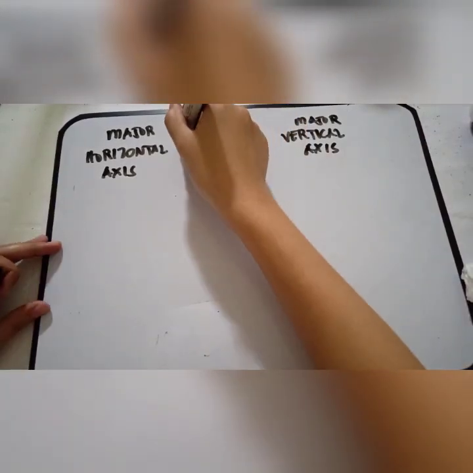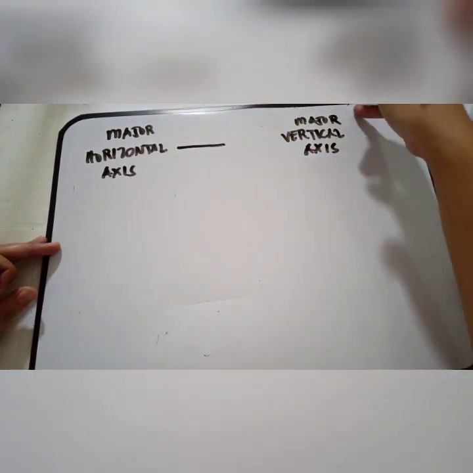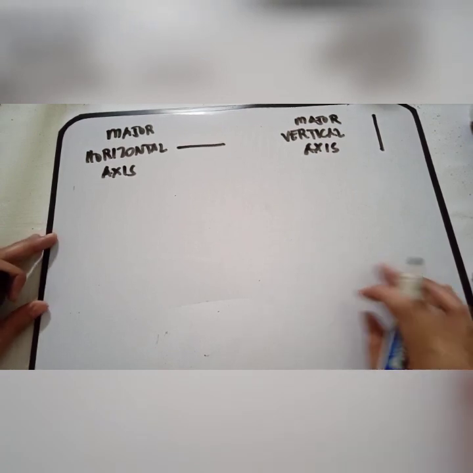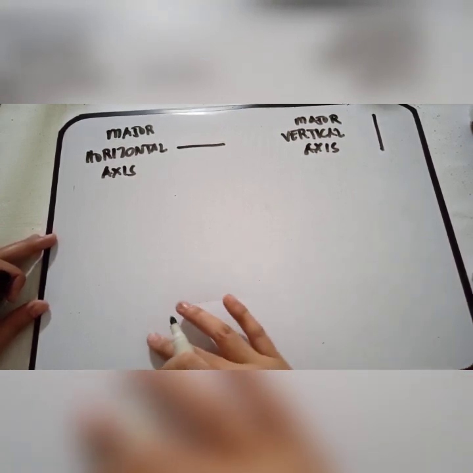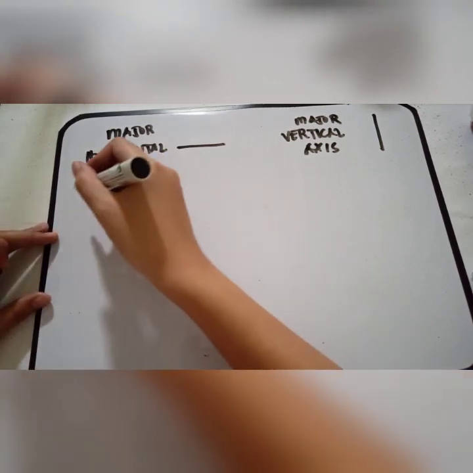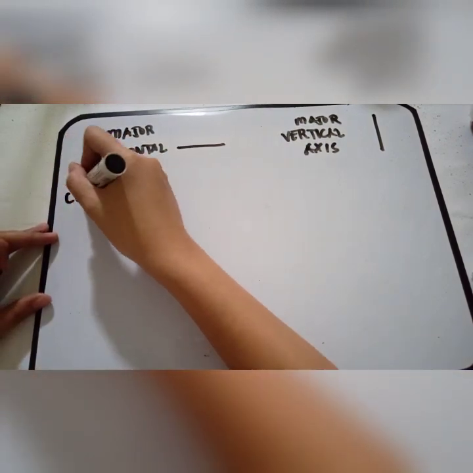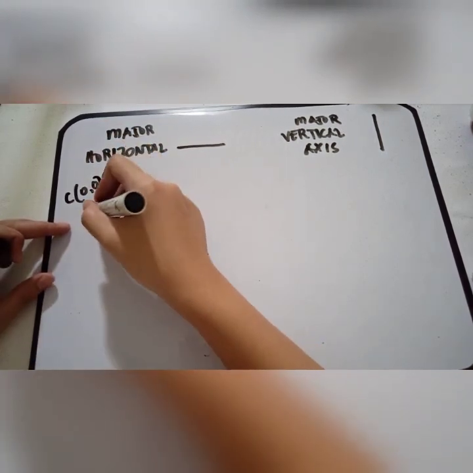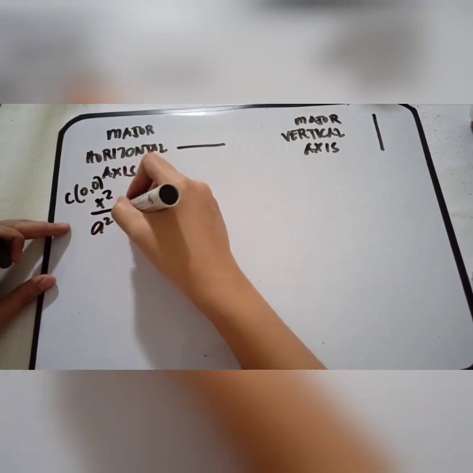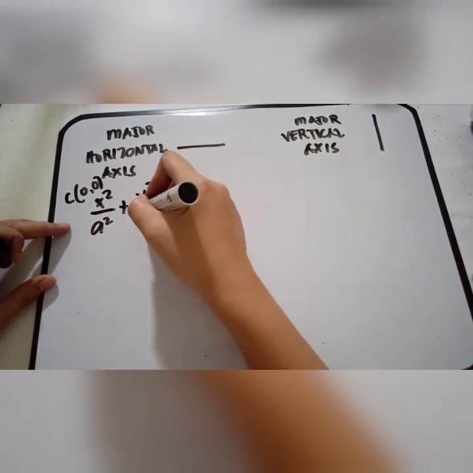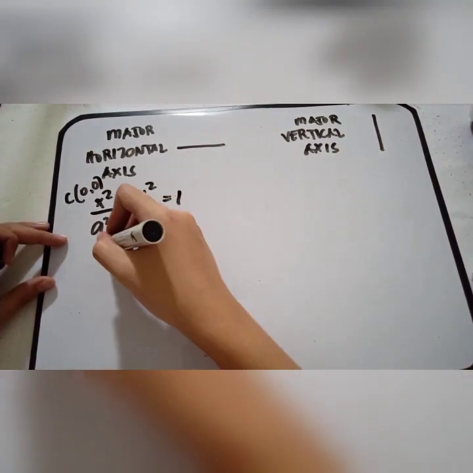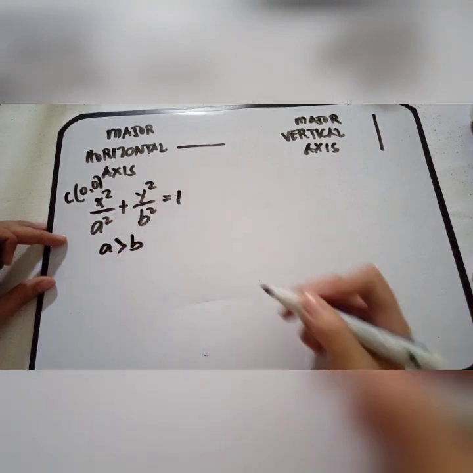Okay, always remember that the major horizontal axis, ibig sabihin nakahiga yung line natin, yung pinakamahaba, and pag sa major vertical, ibig sabihin pinahabang line natin, naka-vertical. Okay? So the equation or the formula of the major horizontal axis, if our center is located at the origin, is x squared over a squared plus y squared over b squared is equals to 1, where a is greater than b.